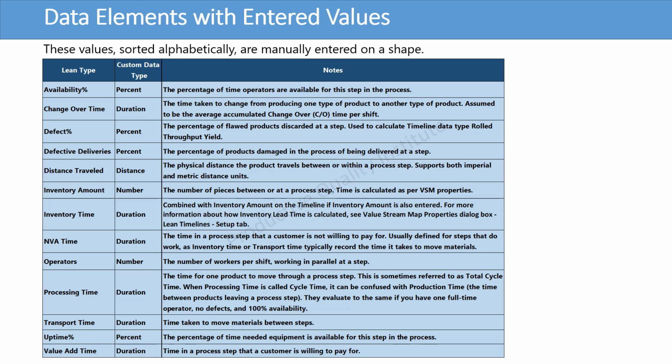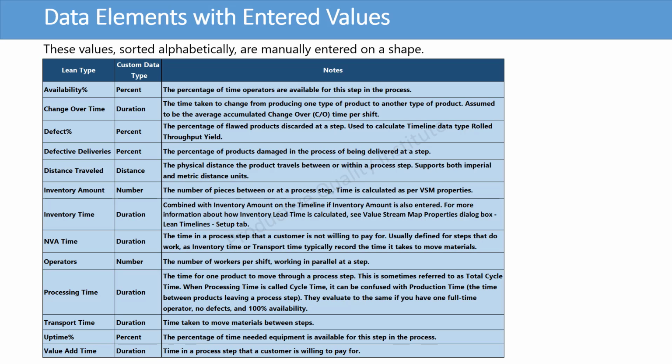Inventory amount: the number of pieces between or at a process step, time is calculated as per VSM properties. Duration of inventory time, combined with inventory amount on the timeline, if inventory amount is also entered.